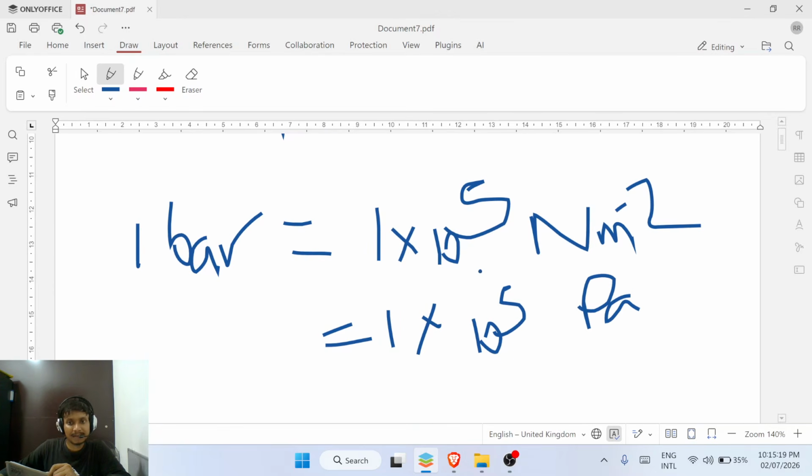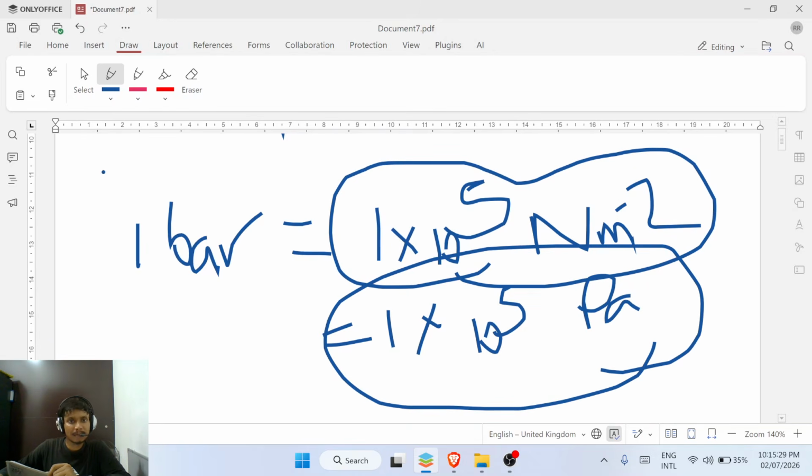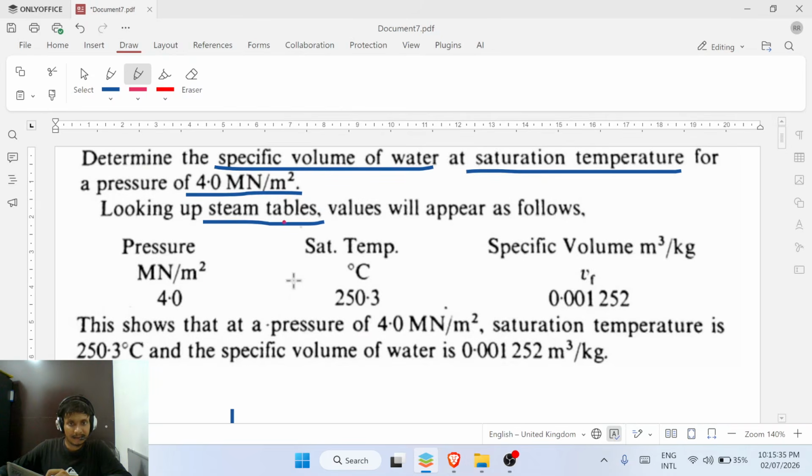Therefore, you can substitute 1 bar instead of 1 × 10^5 N m^-2, or you can substitute 1 bar instead of 1 × 10^5 Pascal. That is the main thing we have discussed in this section.